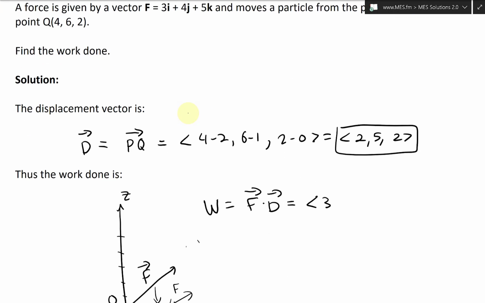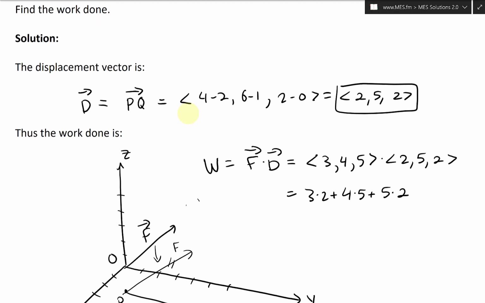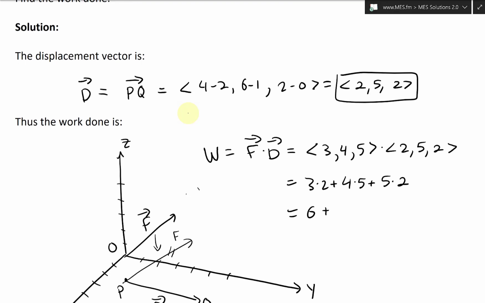In other words, in component form, 3, 4, 5, dotted with 2, 5, 2. Well, 3 times 2, I'll just put it all together: 3 times 2 plus 4 times 5 plus 5 times 2. This equals 6 plus 20 plus 10. So it equals 36.